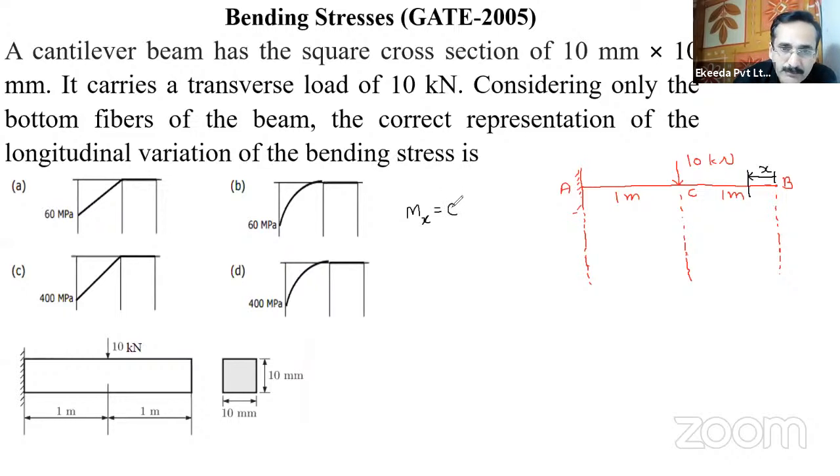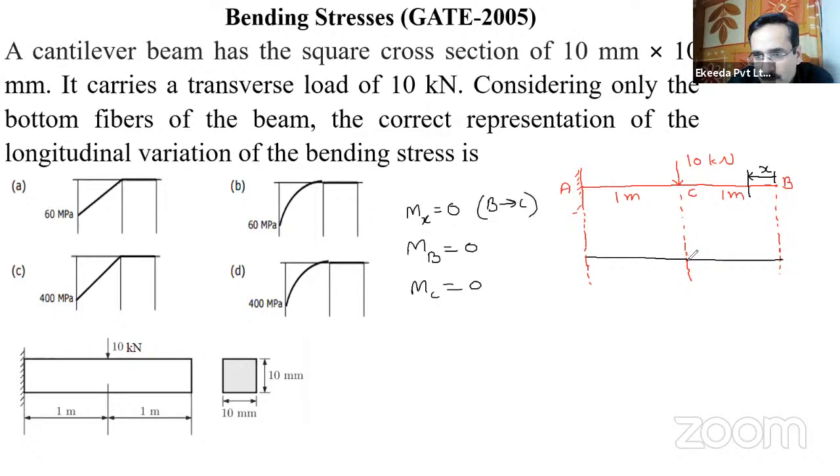So Mx is 0, and this is valid from B to C. It means that at B point, bending moment is 0, and at C point, it is 0 because there is no load there. So there is no variation in bending moment from B to C. So this is B and this is C, and zero bending moment.